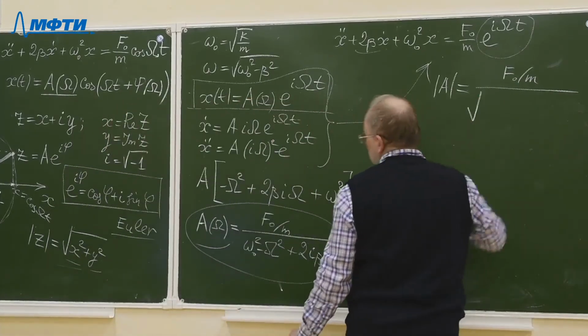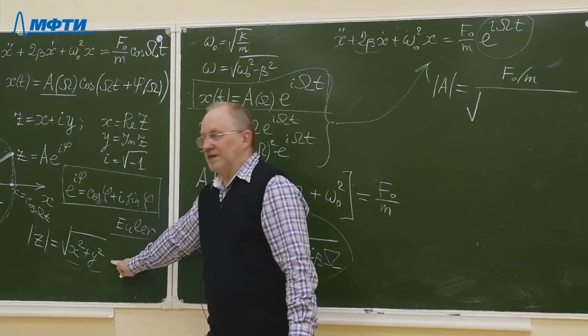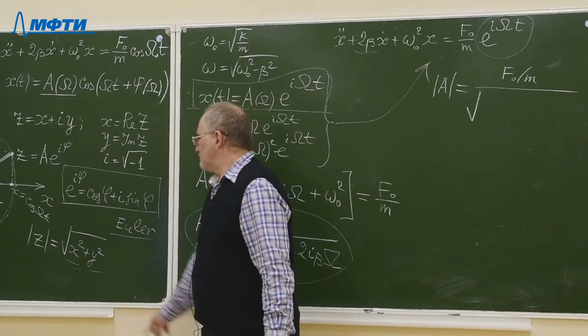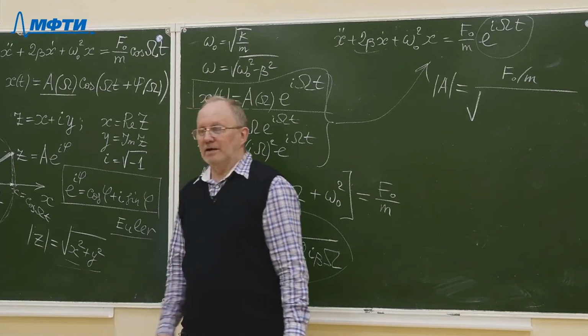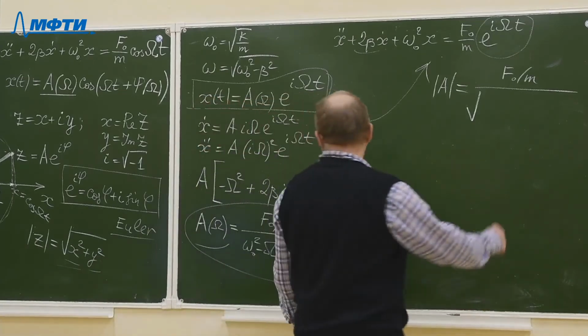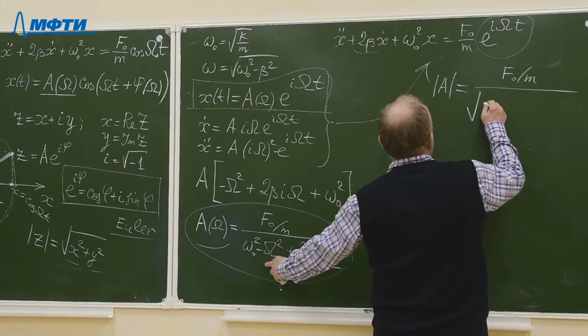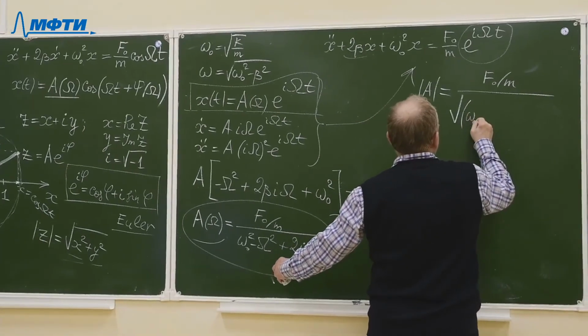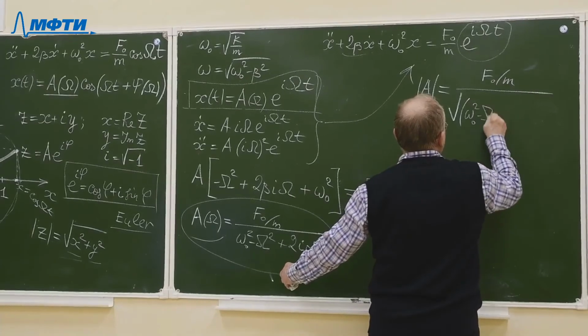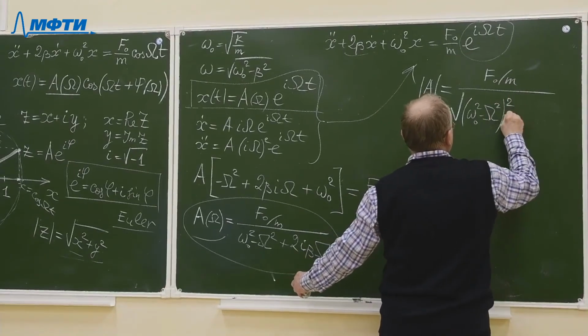And I have to use the Pythagorean theorem, that is, I have to take the square of the real part of the complex number plus the imaginary part squared of the same complex number. So what is the real part here? That will be omega 0 squared minus capital omega squared, and all this is squared.